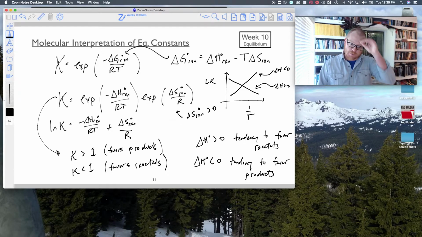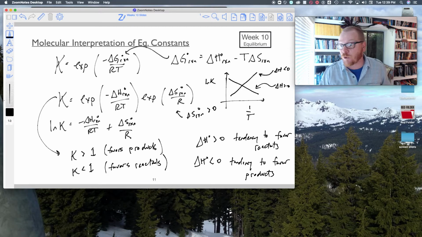So think about this now. Let's back this up here. So I'm just going to try to describe this conceptually, okay? If we have a spontaneous reaction, we know that that's favoring products. But what if that reaction is endothermic? That's going to favor reactants. So what this means now is there's a competition between these two chunks.